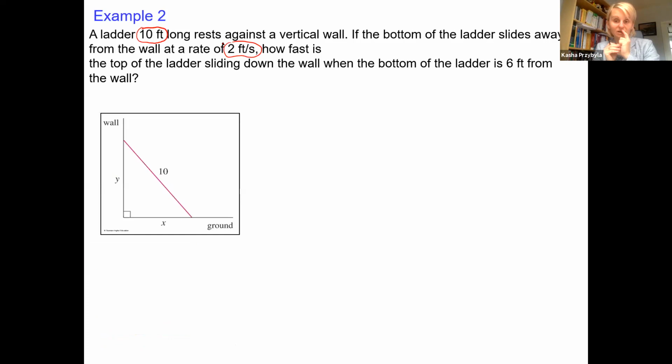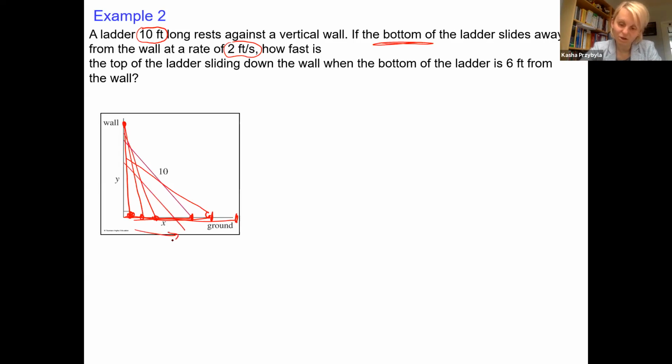oh, I see X and I see Y in the chat box. The bottom, we remember that dot. This distance is X, and then another X, another X. It's getting, okay, that means the bottom of the ladder slides away from the wall, because normally we will draw the ladder almost vertical, and then it's sliding.